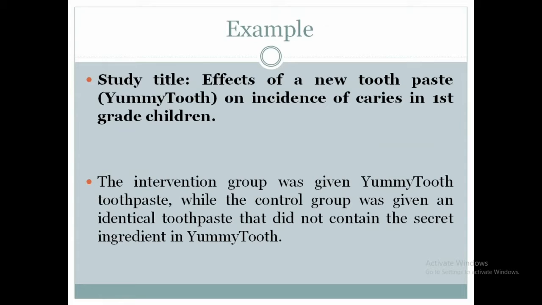So here I have taken an example of the effect of a new toothpaste on the incidence of caries in first grade children. The new toothpaste I have given the name Yummy Tooth. The intervention group was given Yummy Tooth toothpaste, while the control group was given an identical toothpaste that did not contain the secret ingredient in the Yummy Tooth.